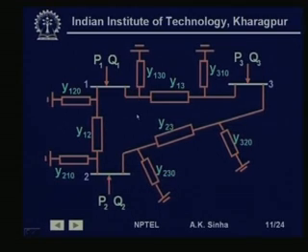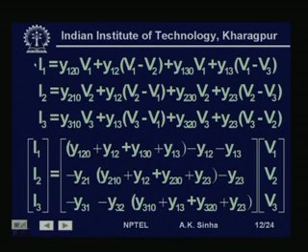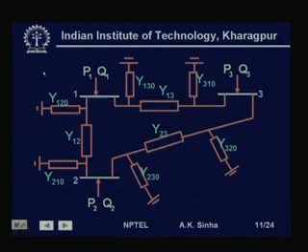So, using the KCL, I1, the current which is injected here, will be equal to the current flowing through this branch, which is V1 into Y120, current flowing through this branch, which is V1 minus V2 into Y12, current flowing through this branch, which is Y13 into V1 minus V3, current flowing through this branch, which is Y130 into V1.